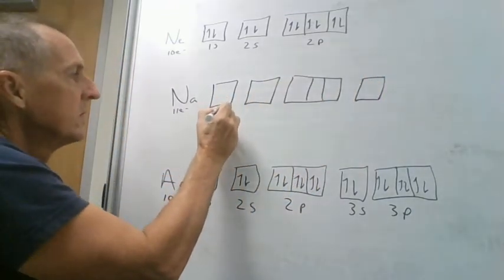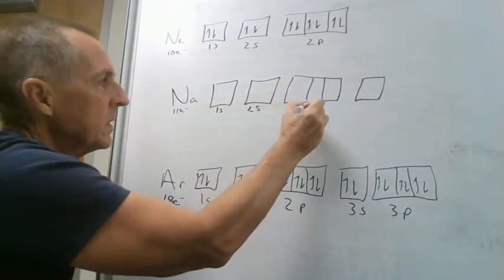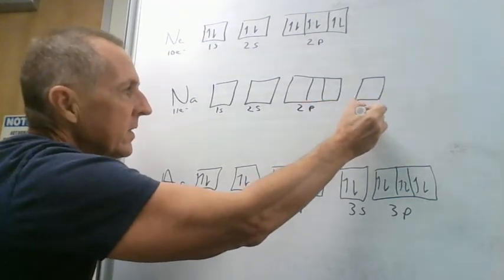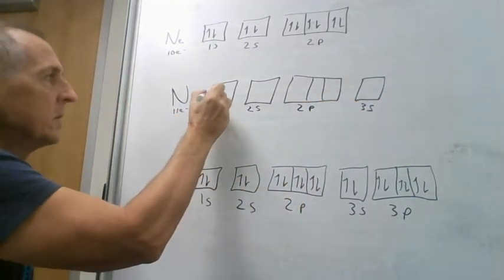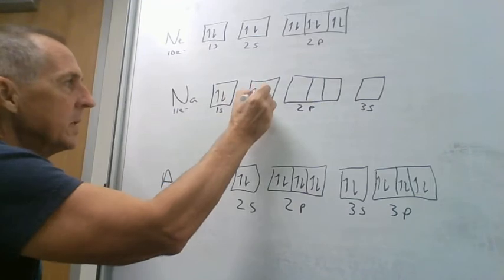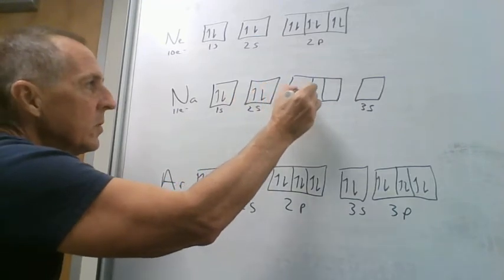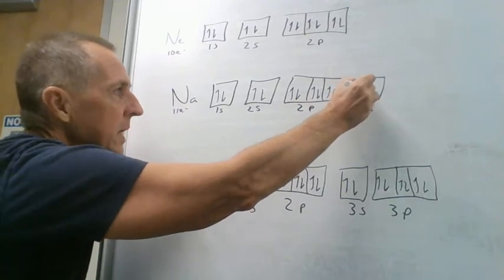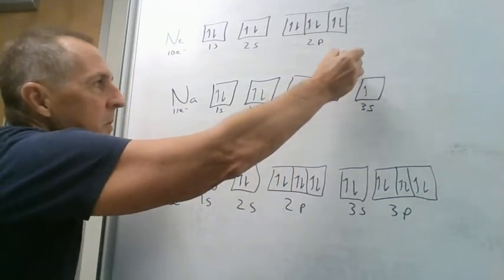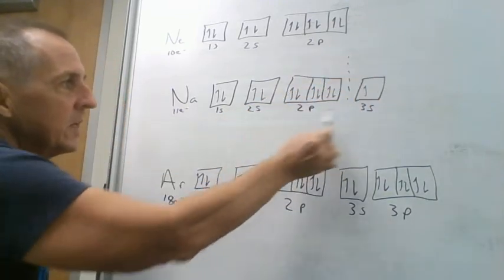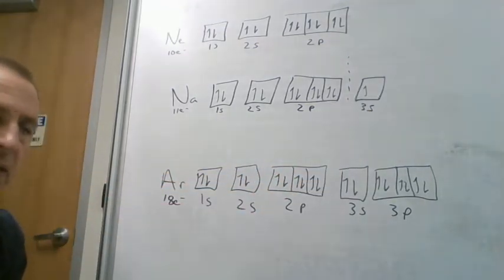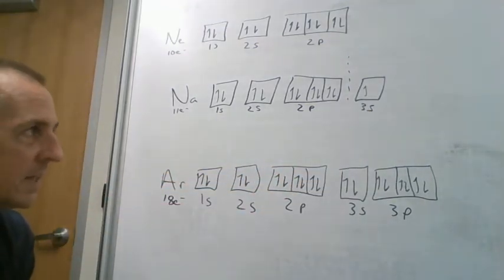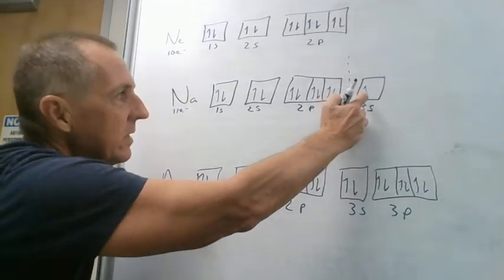We have a 1s, a 2s, a 2p, and a 3s, and the 11 electrons are going to go into the lowest levels first, and they're going to be opposite spin. So we have enough electrons to put one in our 3s. These are our core electrons, and what we have is one valence electron.